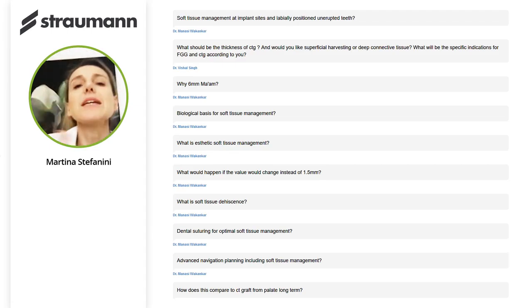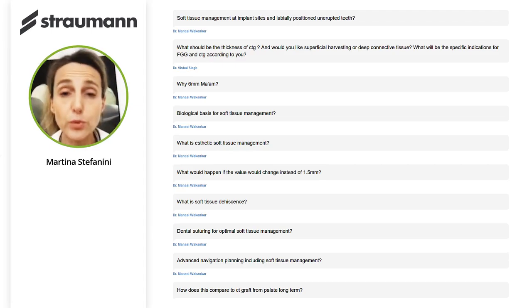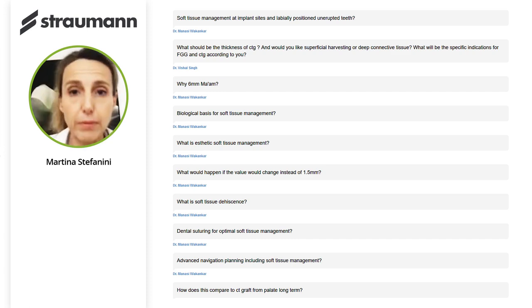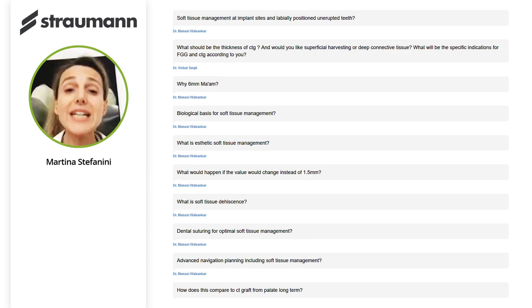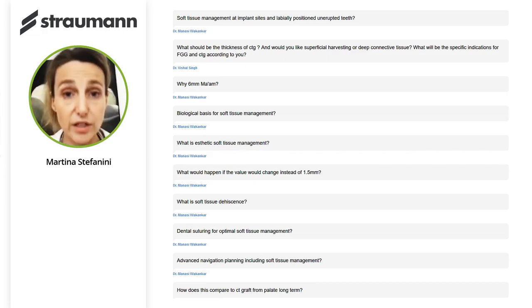When we speak about implants, it's very difficult to find a fixed reference point which is the same in all implant supported crowns. So basically we decided to establish that the ideal position, the reference point, is the ideal position of the gingival margin of the homologous lateral tooth.